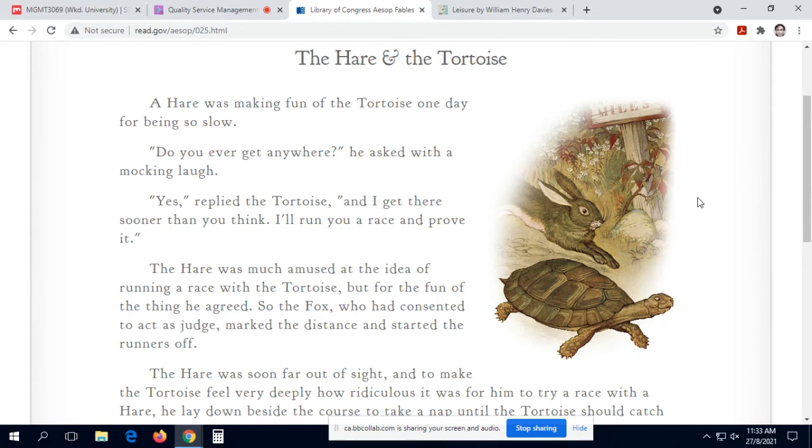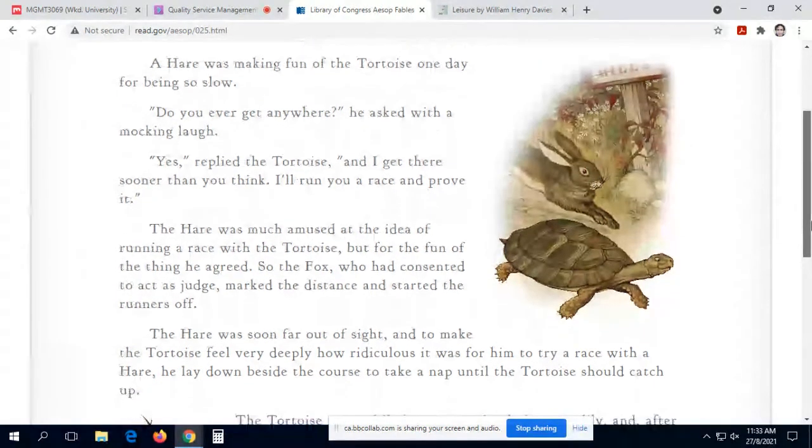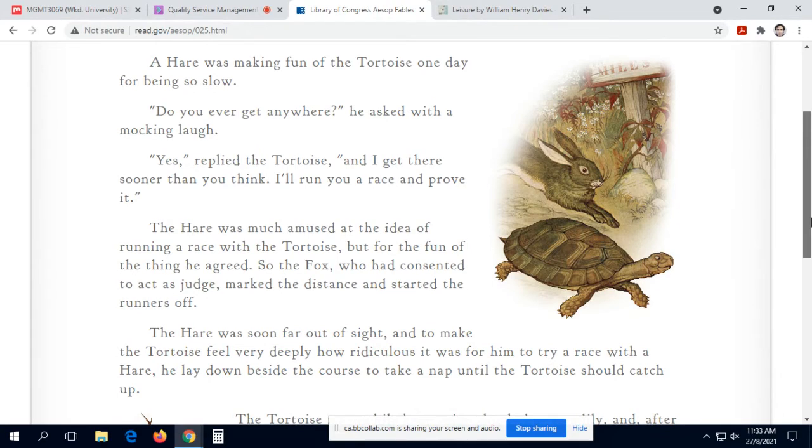As you can see on the screen. So they say, okay, let's race, and they decide to race. Of course the tortoise walks very slowly, and the rabbit is very fast. So the rabbit has gone far, and the tortoise is just slowly moving.